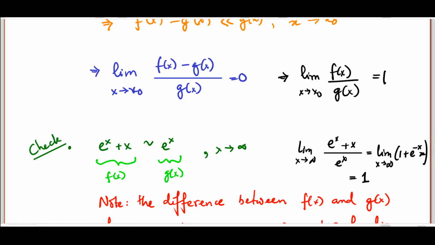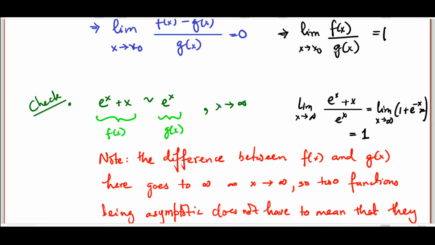As you all know, this thing goes to 0 in the limit x goes to infinity. So this final limit is 1. So f(x) and g(x) in this case has a ratio whose limit as x goes to infinity is 1. So f(x) and g(x) are asymptotic to each other as x goes to infinity.